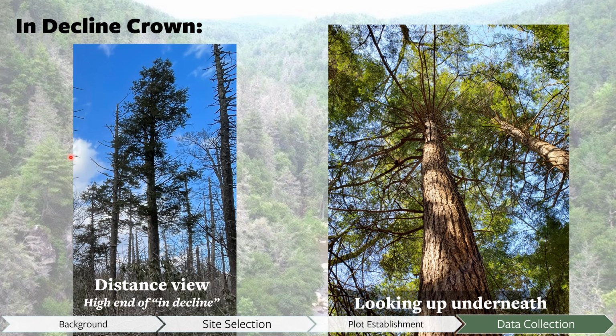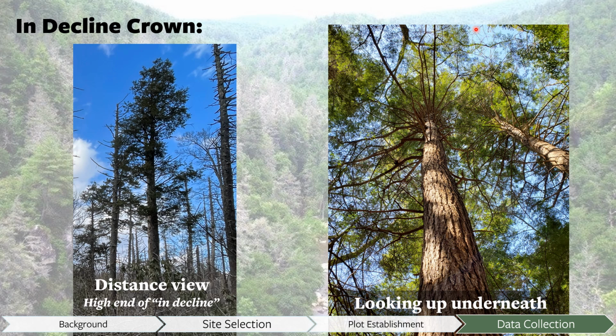This is the high end of an in decline crown, where you can still see there are quite a few needles present on this tree, but it's just not quite as dense or bushy as the one in the photo before. From underneath the tree, you can see some light shining through, more so than you would expect in a healthy crown.